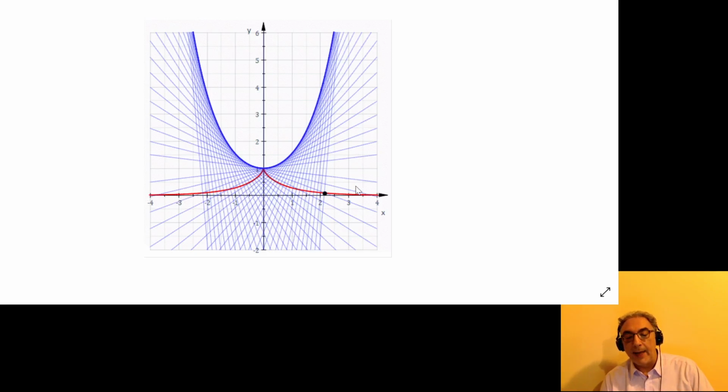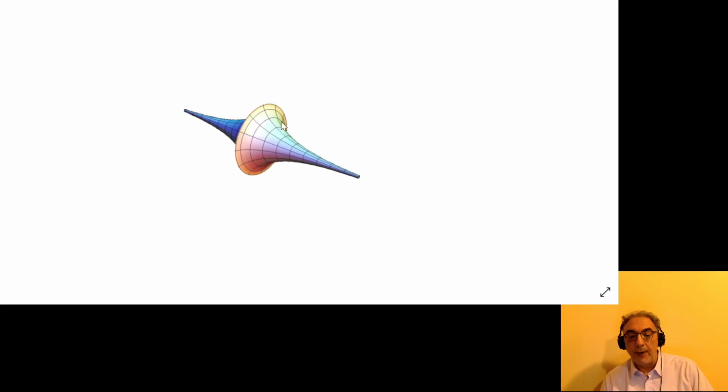And since this is a screen, rotation of the screen around this axis of symmetry gives rise to the pseudosphere, which is the analog of the sphere in the case of positive Gaussian curvature.